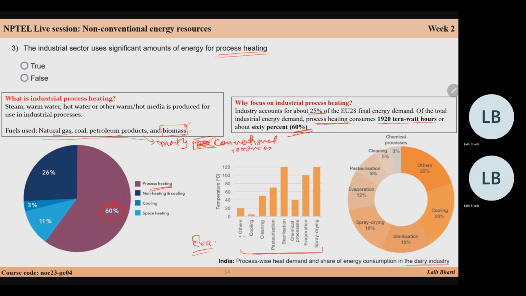Otherwise, most of the processes are above room temperature, and a few of them require a lot of energy, like sterilization, spray drying, evaporation, pasteurization, cleaning and others. Most of these processes require a lot of energy and heating. So that is why we need to take care of industrial process heating.